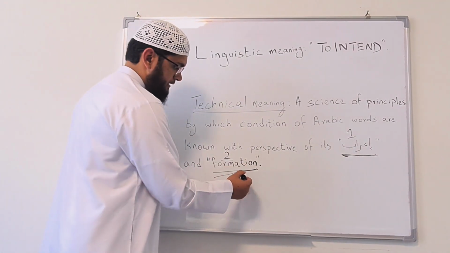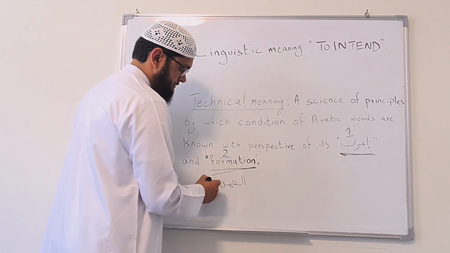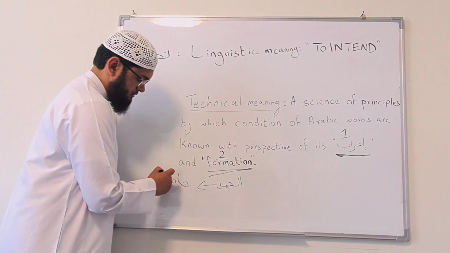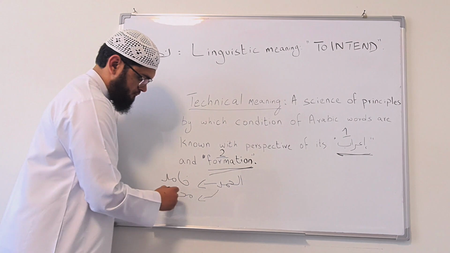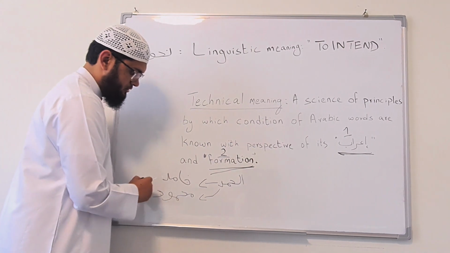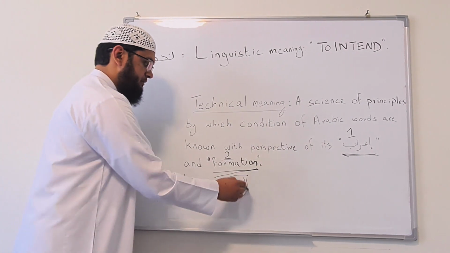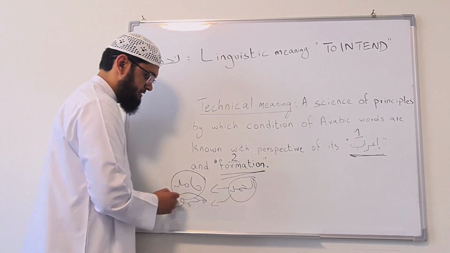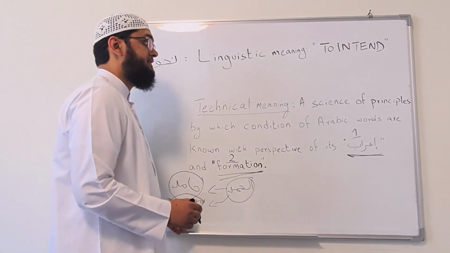So for example, we have alhamdu, and this has been formed to hamid, or it has been formed to mahmud, and so on. So how has this word been formed, what were its root, or what were its basis.